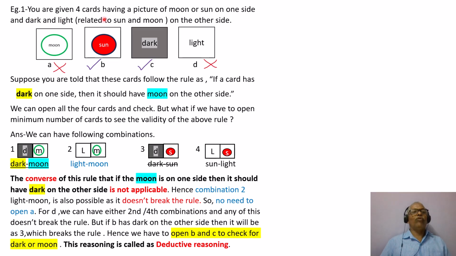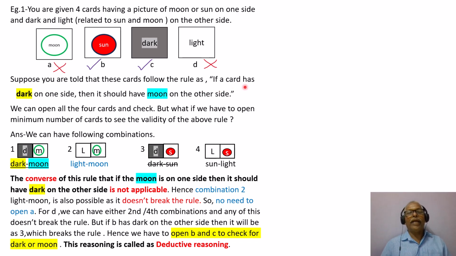See your first one. You are given four cards having a picture of moon or sun on one side, and dark and light on the other side. Now this dark and light is related to sun and moon on the other side. There are two sides. These are four cards, A, B, C, D. Suppose you are told that these cards follow the rule. Now the rule given, read this very carefully.